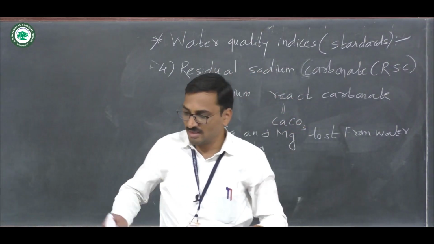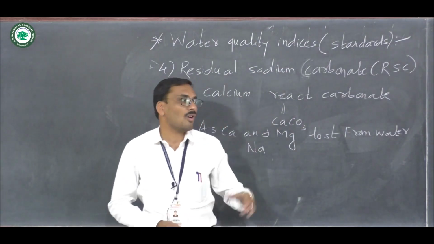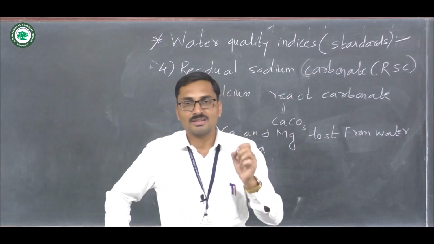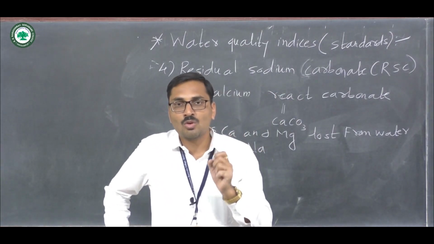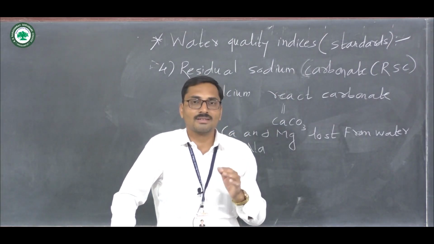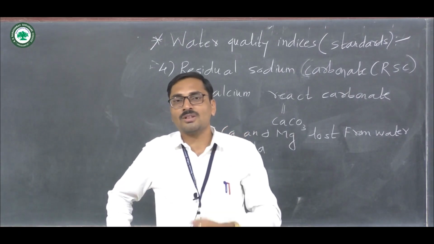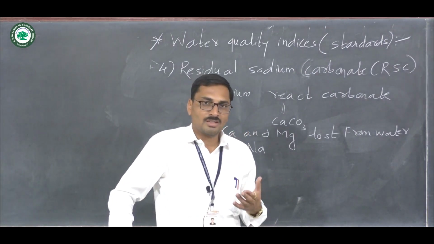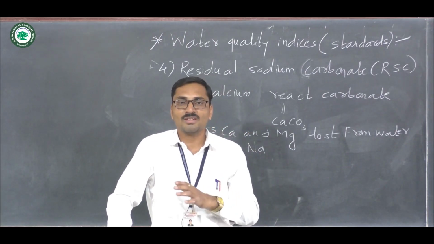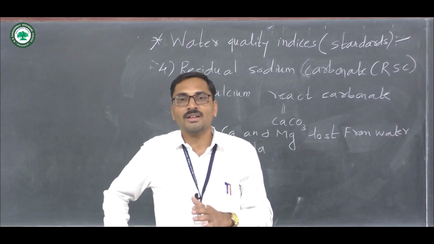There are standard values for all these parameters. If the parameters follow the standard values, then that water is good for drinking and for agriculture. If the value of a particular parameter is very high or very low, then that water is not safe for agriculture or drinking.